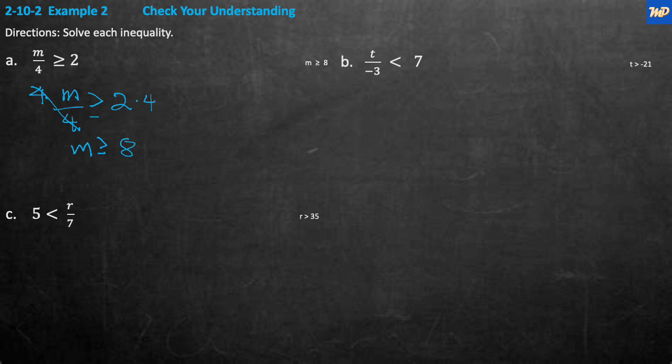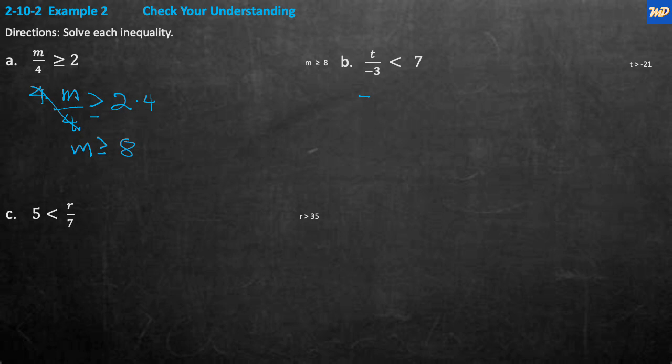T divided by negative 3 is less than 7. We got a negative, less than 7. In order to get rid of the negative 3, because we want t by itself and we want t to be positive, we're going to have to multiply both sides by negative 3. Well, here's where that multiplying by negative 3 gets us.